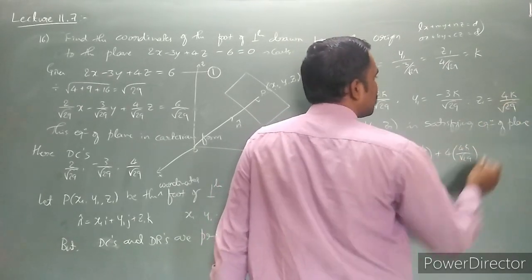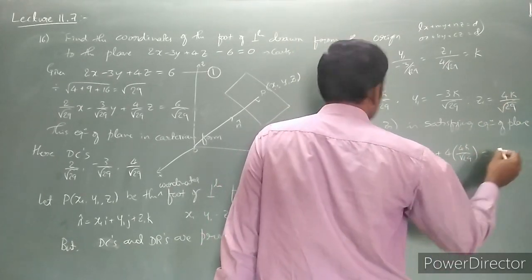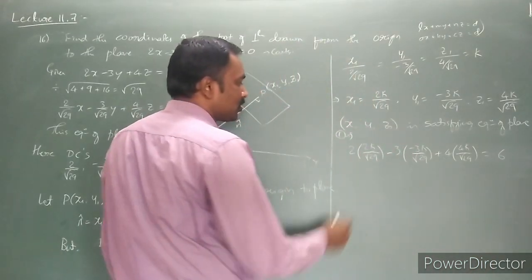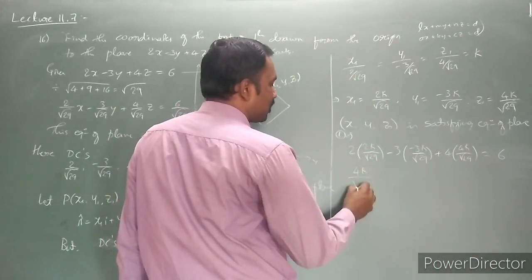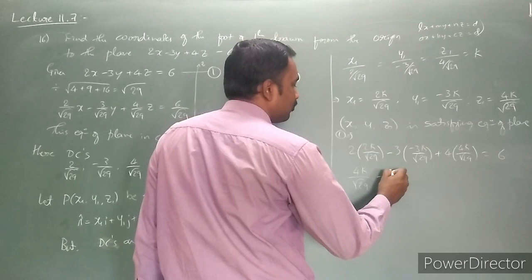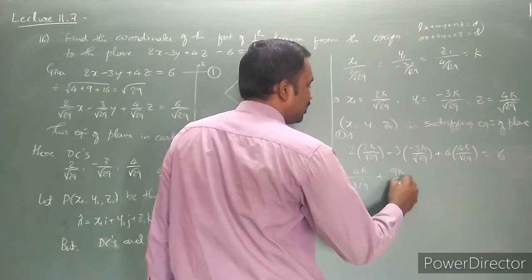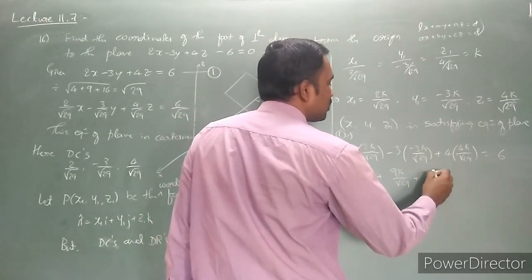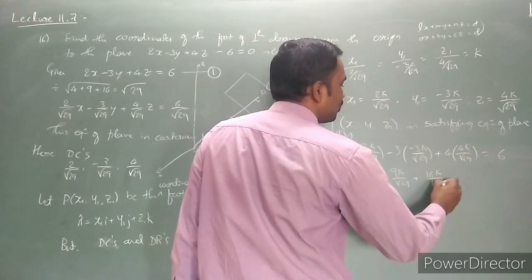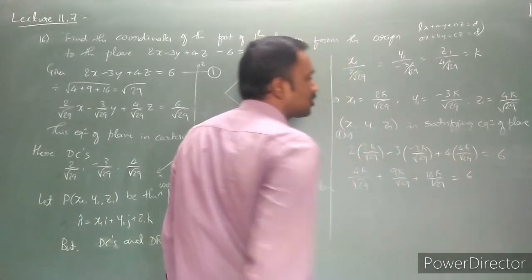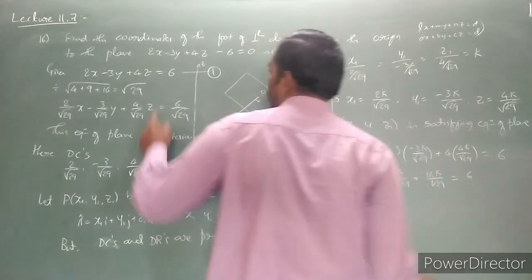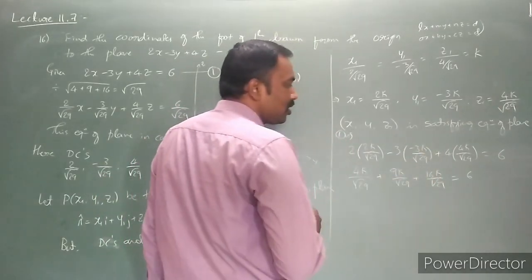is equal to 6. Solve it: 4k divided by root 29 plus 9k divided by root 29 plus 16k divided by root 29 is equal to 6. Now simplify.